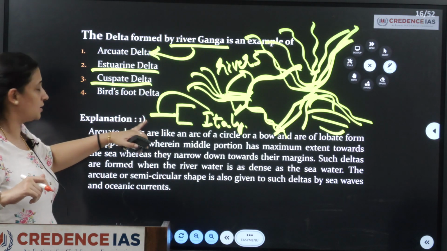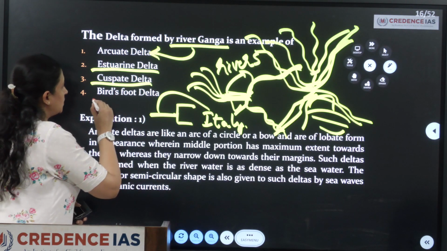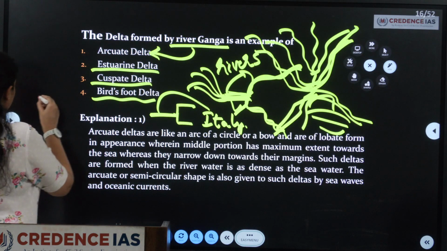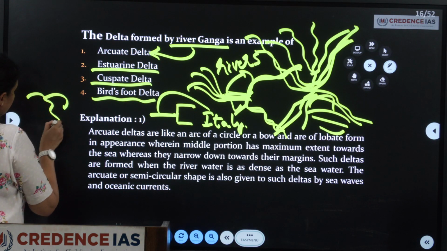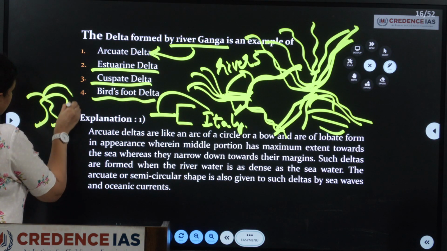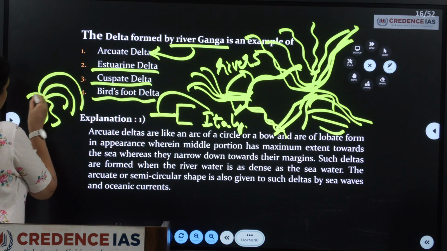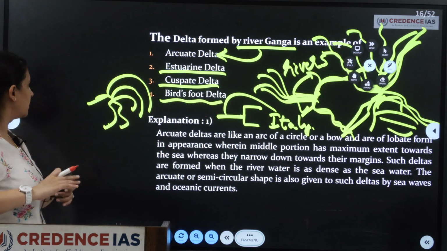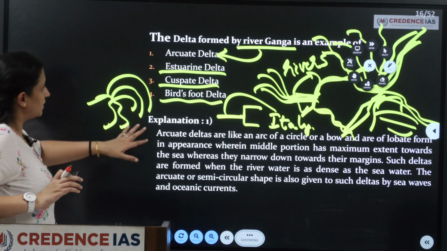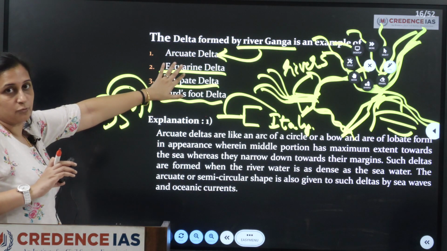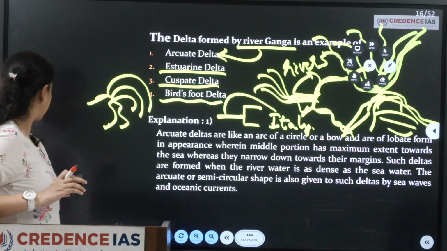And the bird's foot delta will be in the shape of a bird's foot. So the Ganges is an example of an arcuate delta.